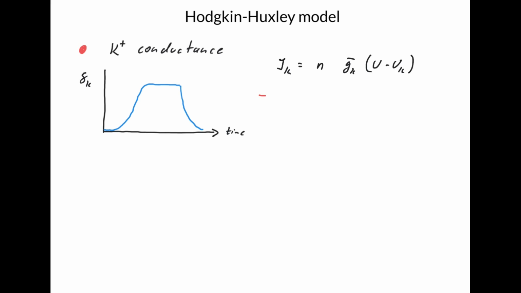Now, what has been found for the activation is that n, the activation part and the time behavior, can be described by an exponential, or actually 1 minus an exponential, with a typical timescale tau activation.